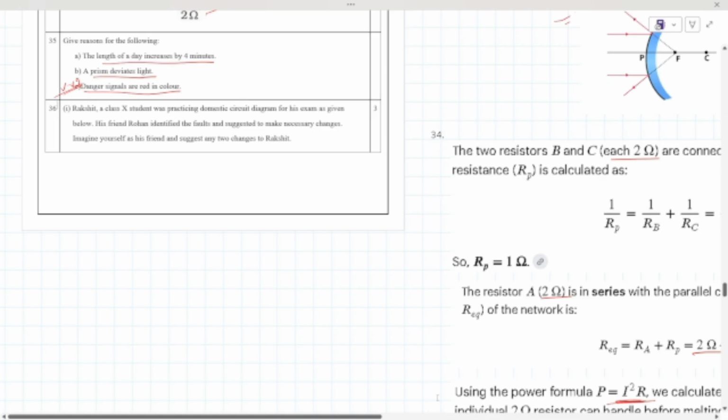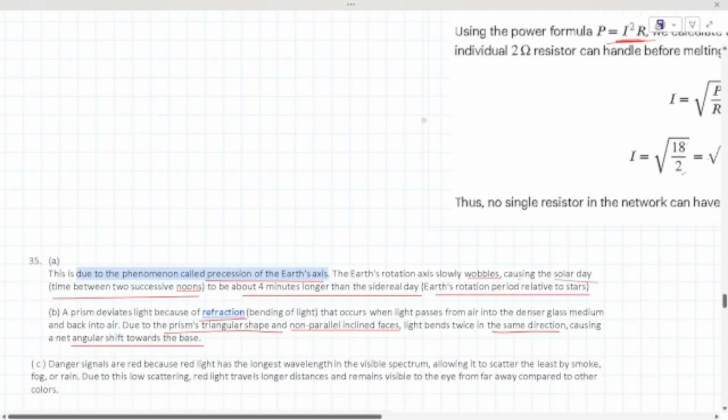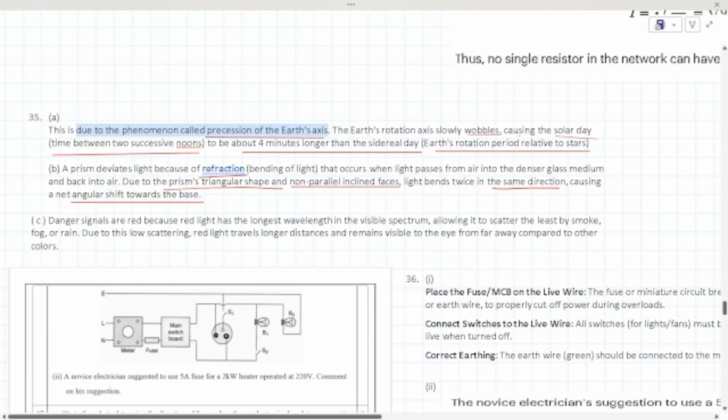It does not scatter as much as the other colors. Very good, right? That is why they use the red signal for danger.